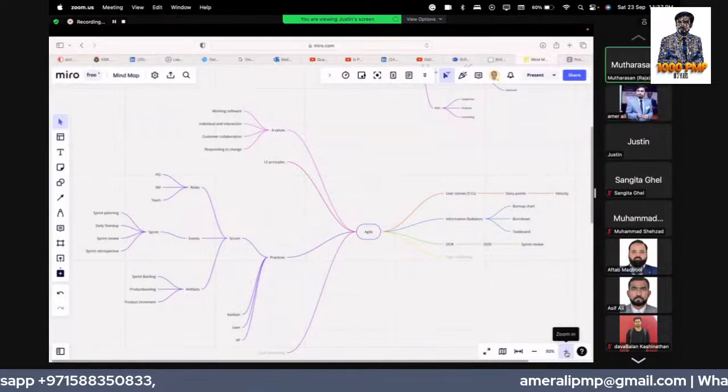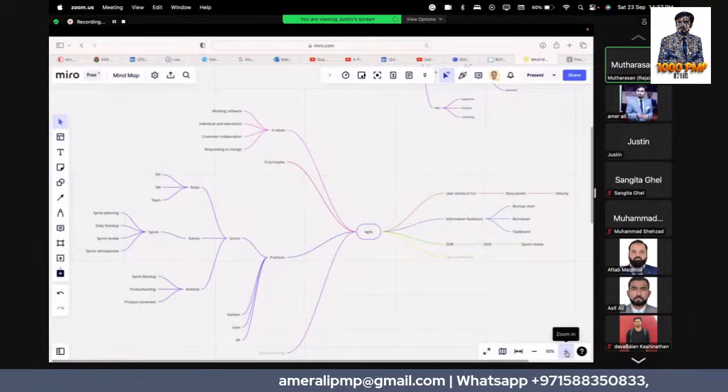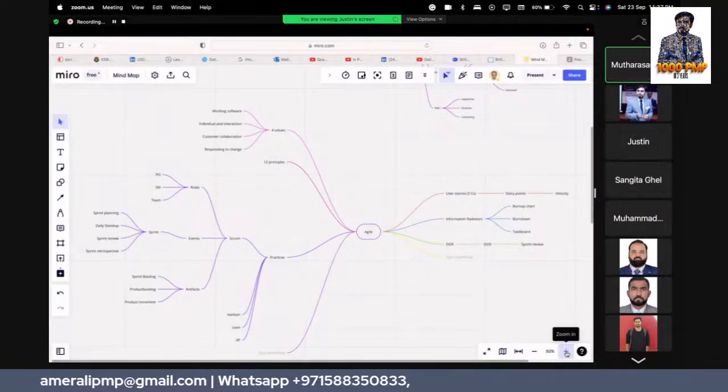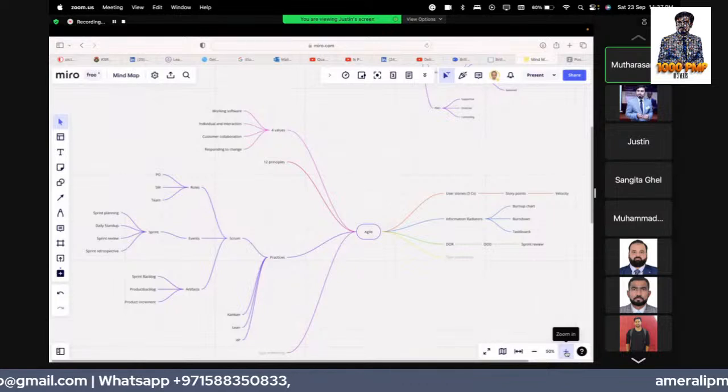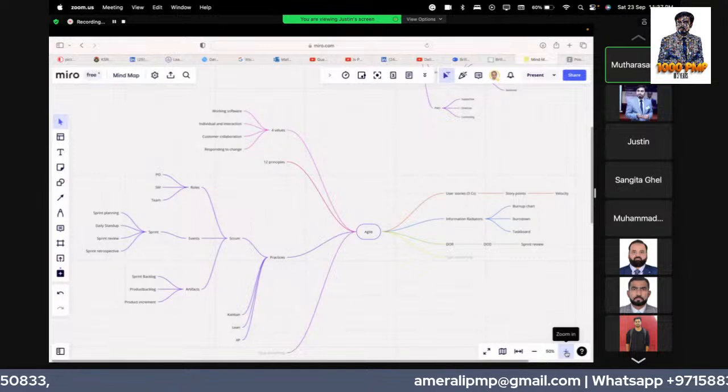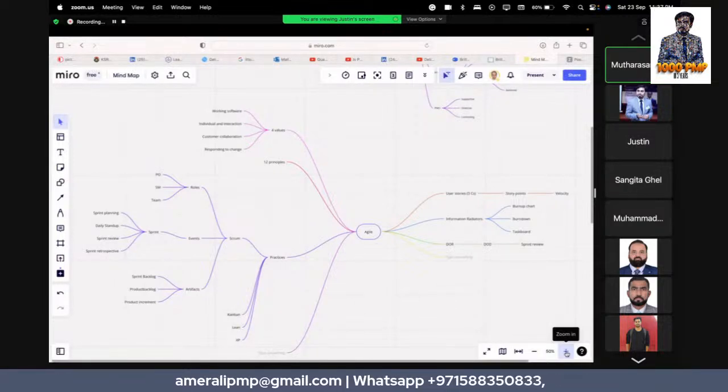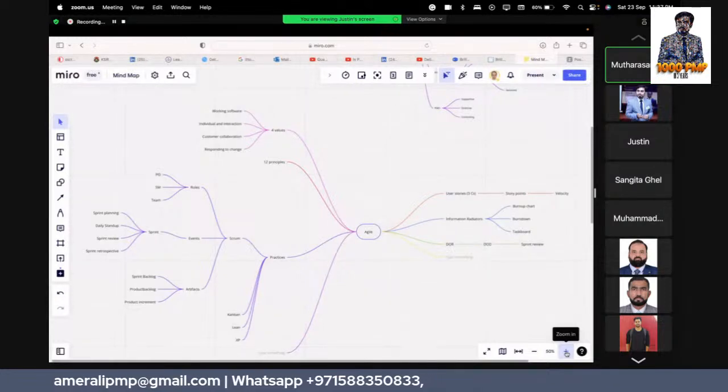Agile has 2 core values, 12 principles, and core values: working software, individuals and interactions, customer collaboration, responding to change, and how to practice. Then we have Scrum.